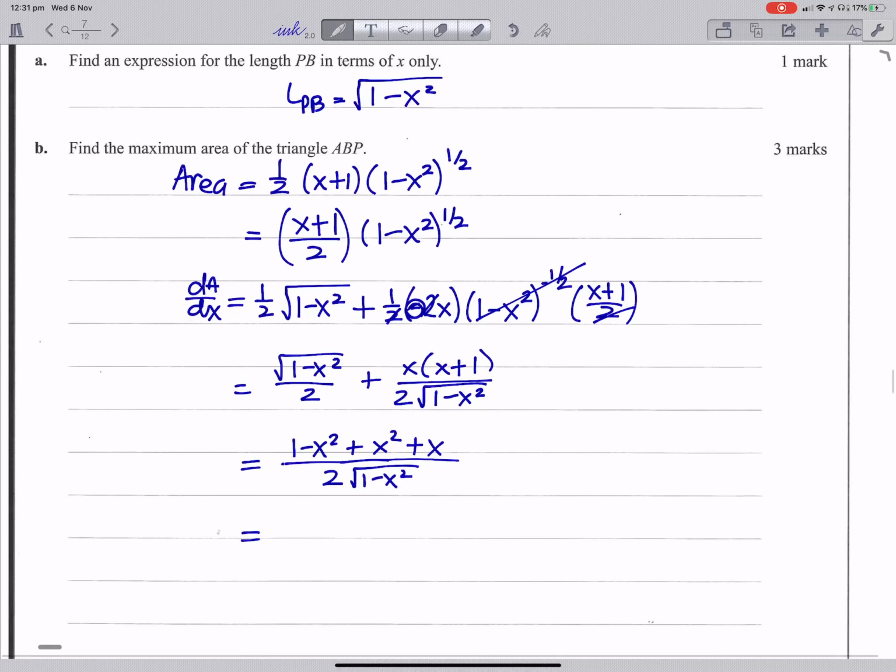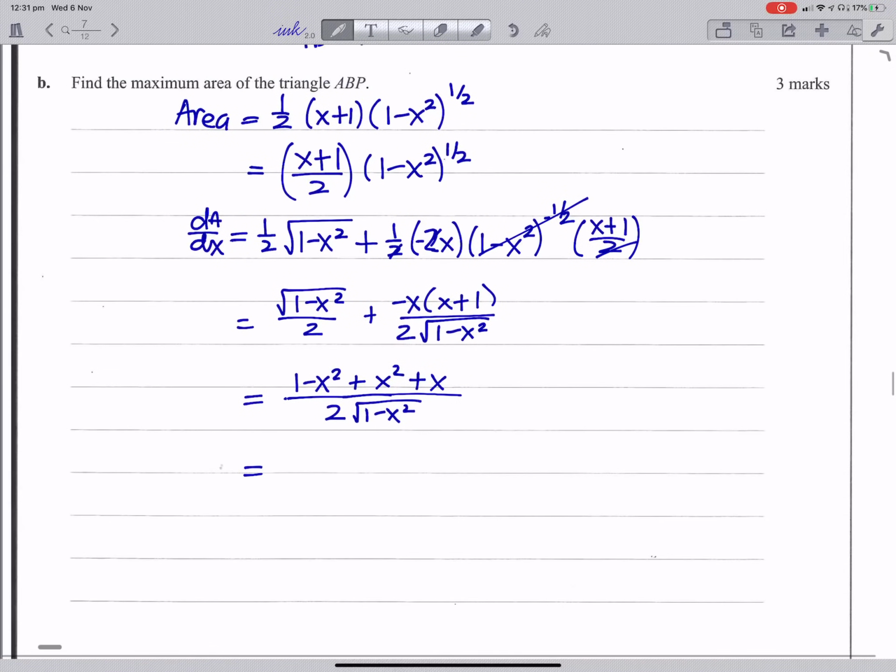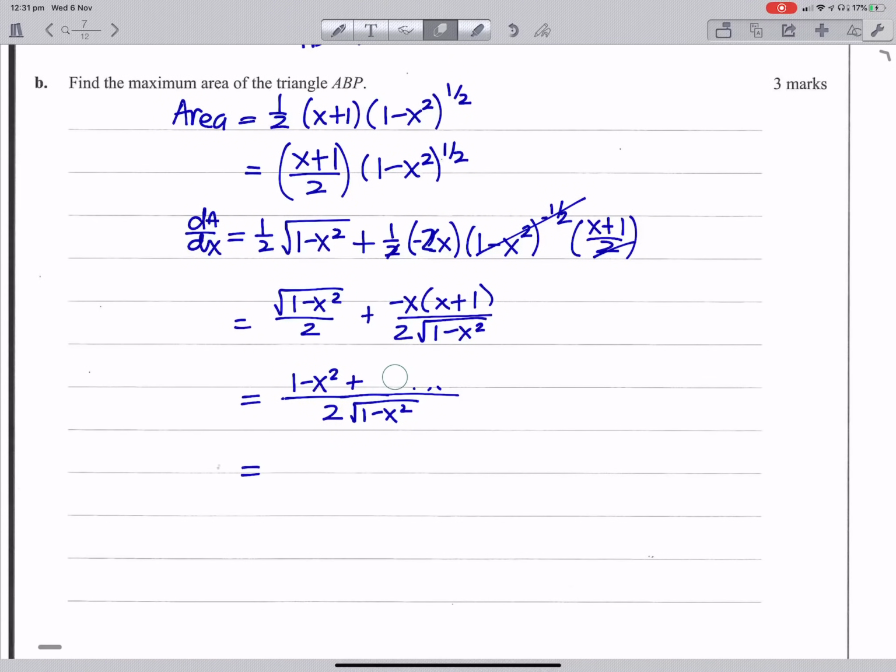There it is, that negative there. I'm like, it can't be right. So I've got negative. It couldn't be negative 1, because that would produce no error. Okay, so that's negative, then this will become negative x squared minus x. Okay, so we get negative 2x squared minus x plus 1 on 2 root 1 minus x squared.